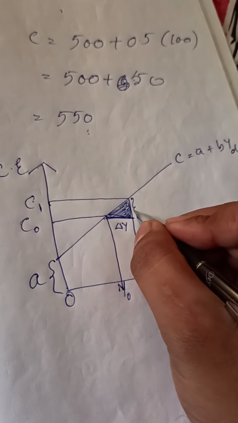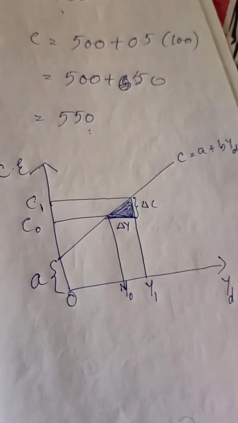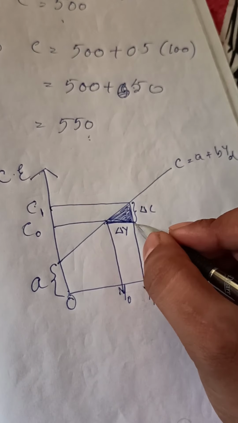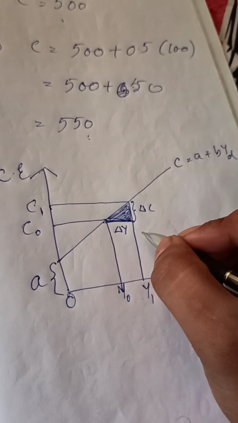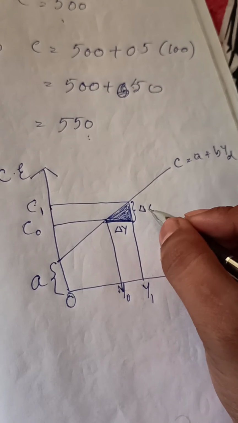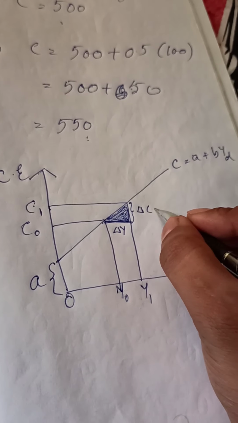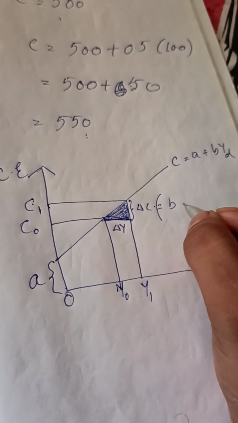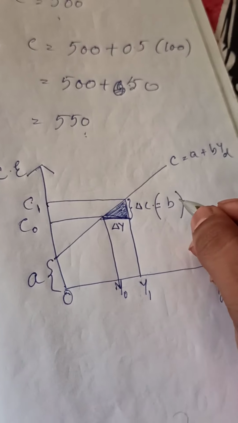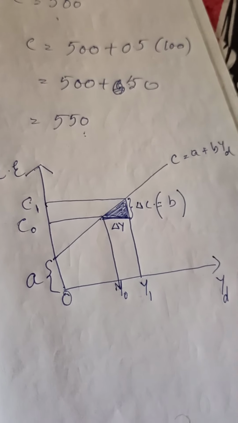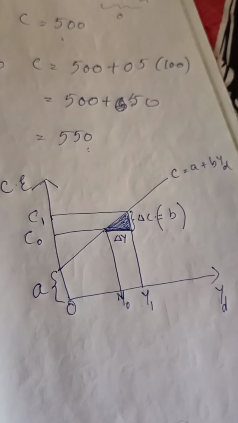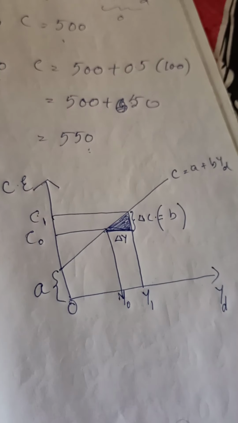This vertical part shows you del C, how much your consumption is changing. So this entire thing, change in C by change in Y, is equal to your B, or you can say MPC, or you can say del C by del Y. So this MPC or B shows the slope of this consumption function.